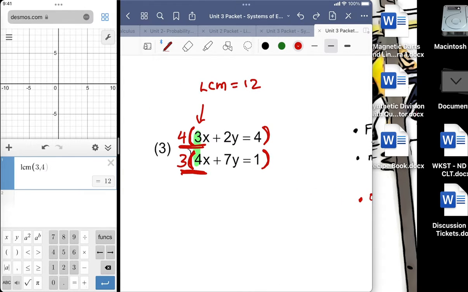It's really just a question of which one you want to multiply by a -1. Multiplying by a -1 is the same as just slapping a negative sign onto one of these two numbers. So pick the number you want to slap a negative onto. I'll do the first one. Then distribute through with that, you get -12x minus 8y is equal to -16. You get 12x plus 21y is equal to 3.